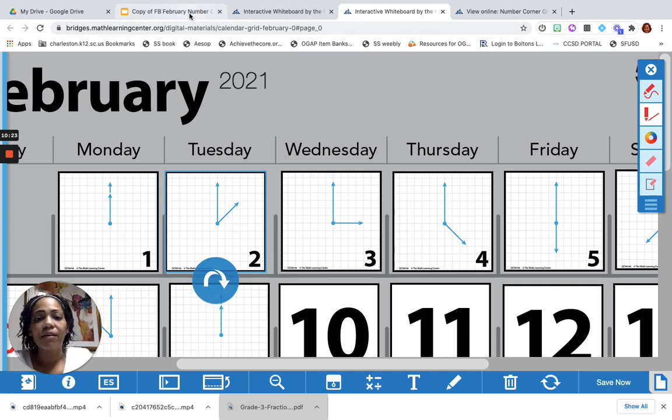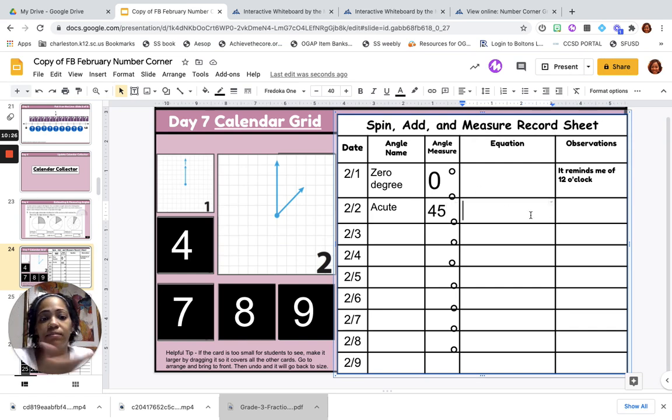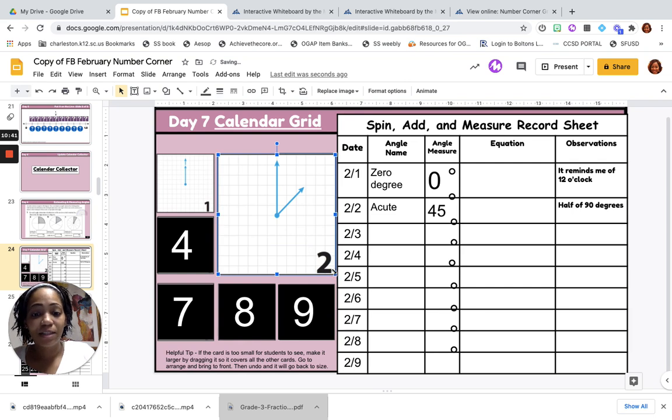Okay, so we got 45 degrees and not really an equation. And we can say, observation, it's half of 90 degrees. So maybe I should have done that before I thought about the whole clock thing. But you live and you learn and you keep it moving, right? So that's what we're going to do.